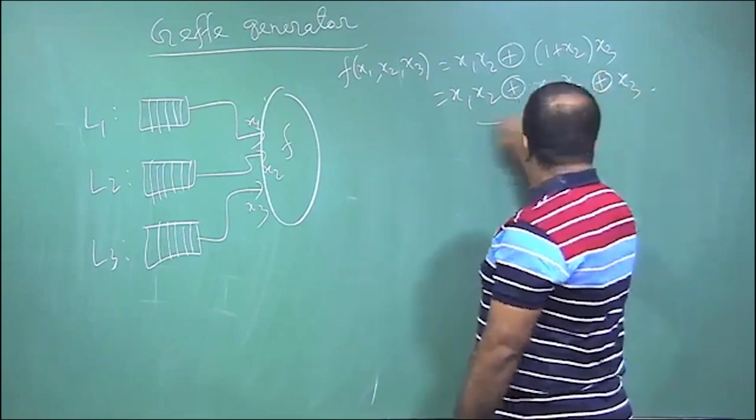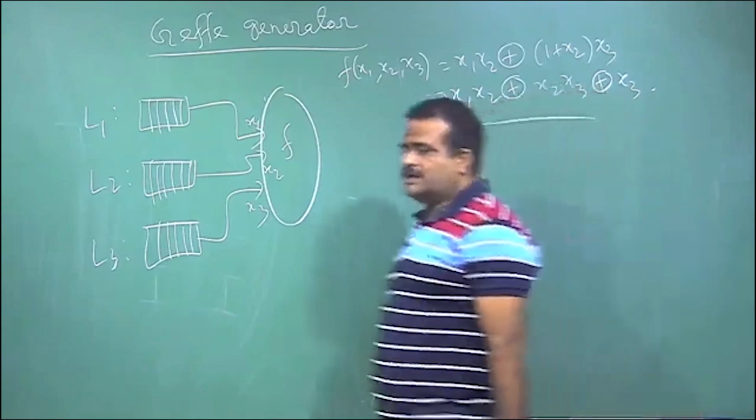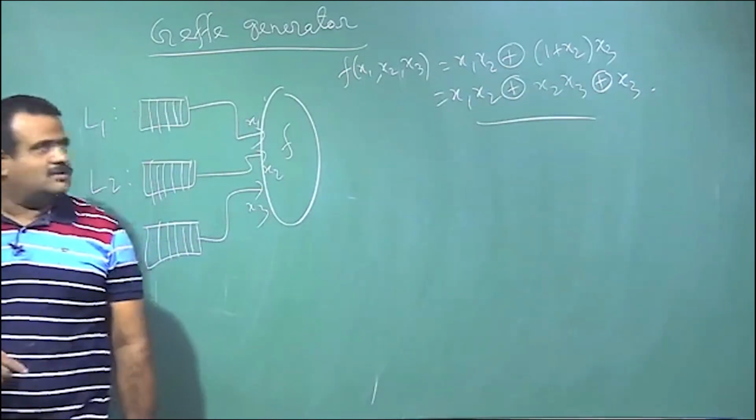So, this is a nonlinear function, and it will generate the nonlinear key stream bits, which are not linear.